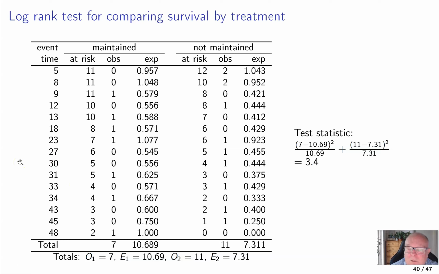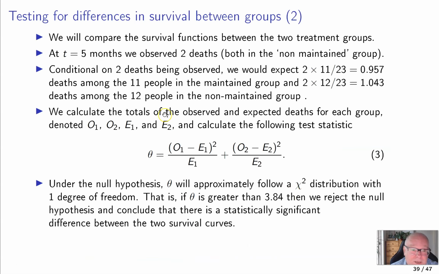And then we do a chi-squared test statistic, very similar to the chi-squared test for contingency tables. So I'm going to go back a slide. So here is the test statistic.